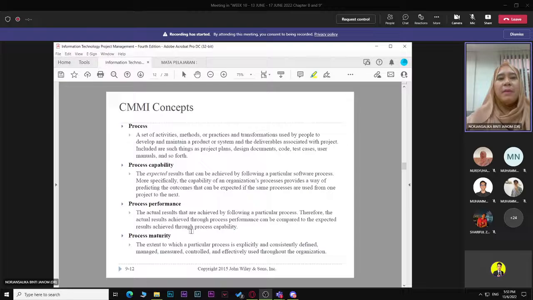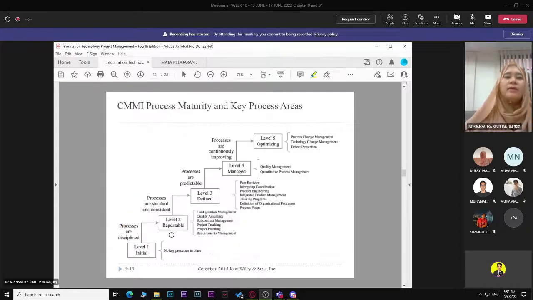Which CMMI mostly are focusing on the process in the developing the project. Okay, the system information system project. Okay, they look into the process itself, they look into the process capability, process performance, and process maturity. What they look like? Okay, this is what the CMMI process maturity is and the key area under that process.